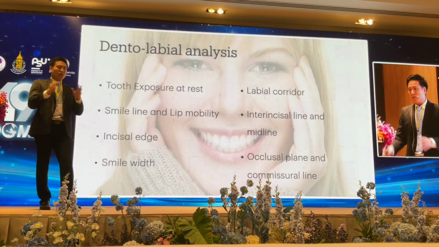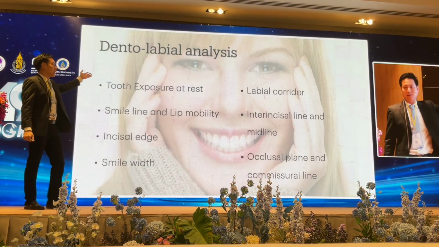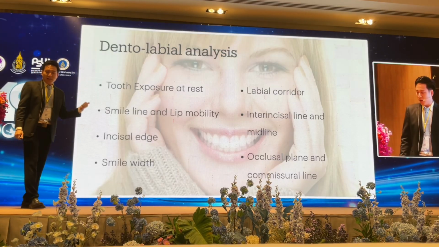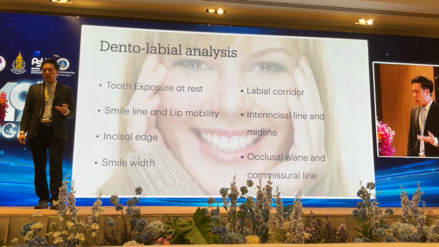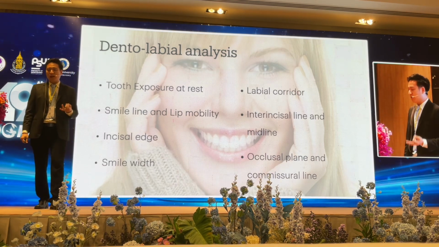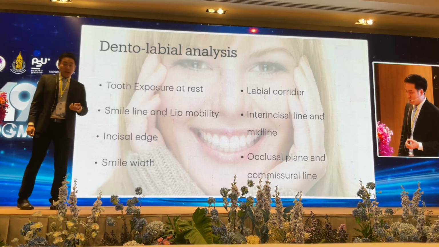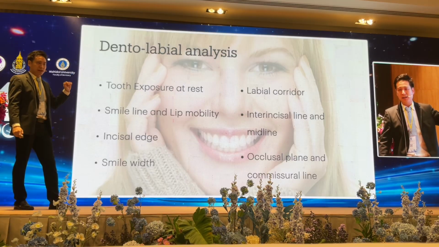Then, in order to collect all of this information, you have to run an examination through dental and labial analysis, like tooth exposure at rest, smile line, lip mobility, incisor edge, smile width, labial corridor, interincisor line and midline, occlusal plane and commissural line. This is just the extraoral and teeth parameters that relate together.